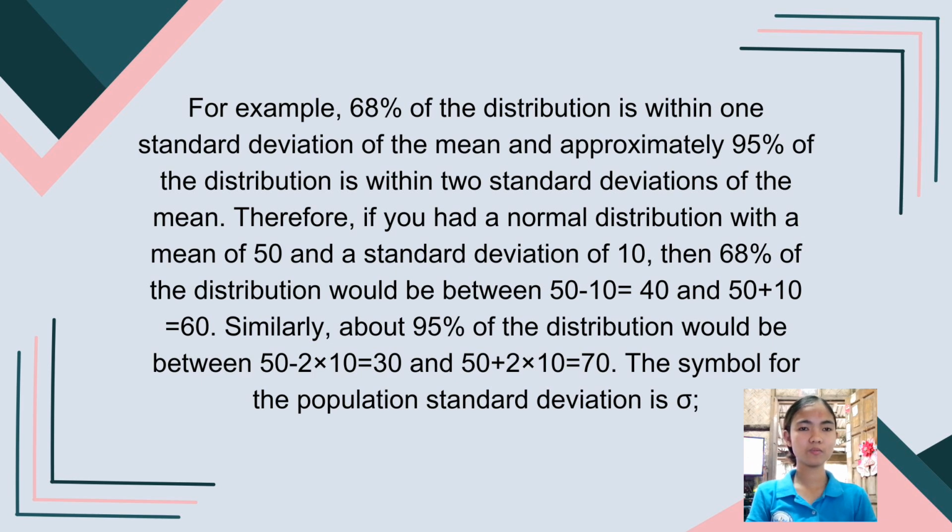Similarly, about 95% of the distribution would be between 50 minus 2 times 10 equals 30 and 50 plus 2 times 10 equals 70.